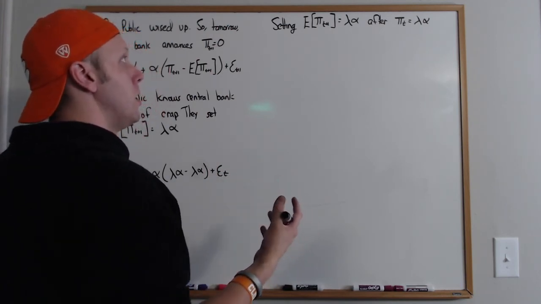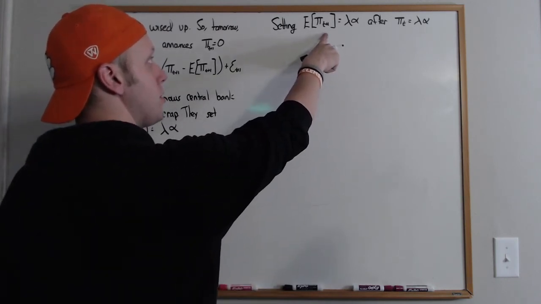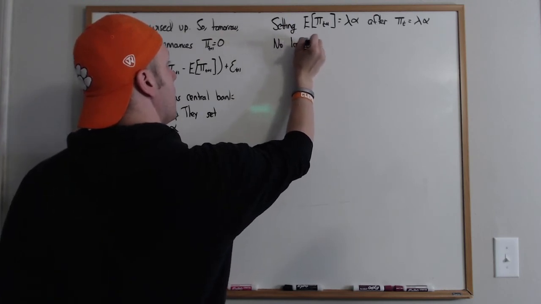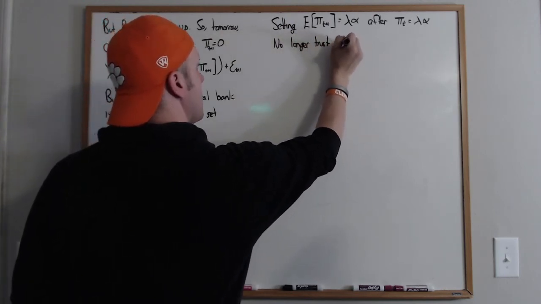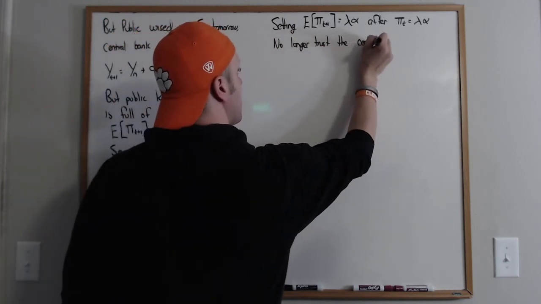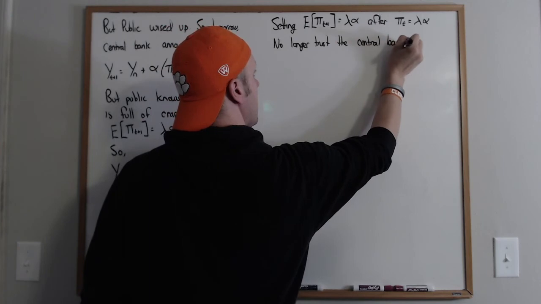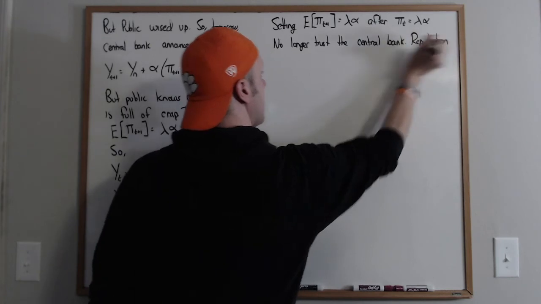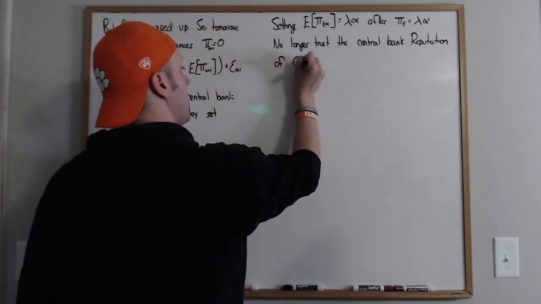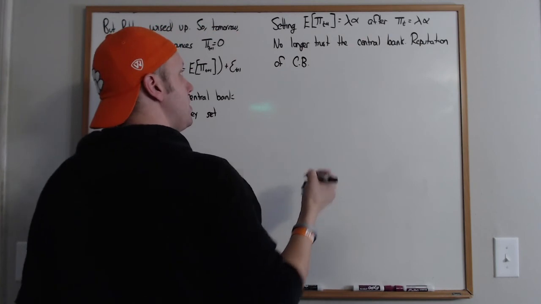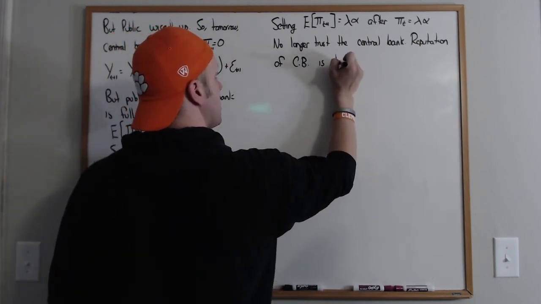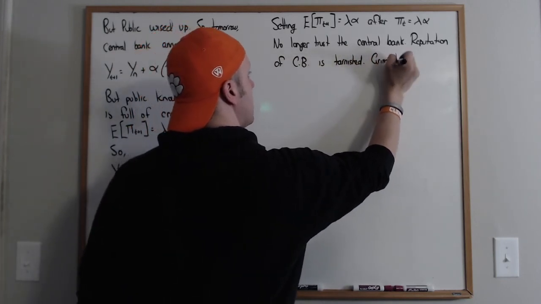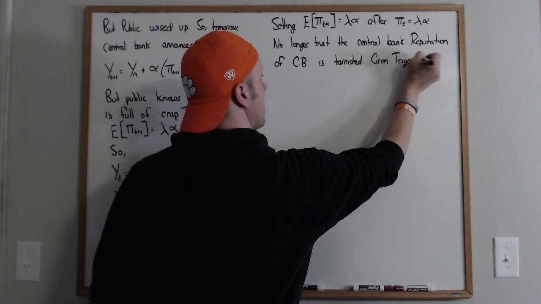They've been fooled. Well, they go, yeah, I don't trust you anymore. They no longer trust the central bank. The reputation of the central bank, I'll just say CB for central bank, is tarnished. This is what's known as a grim trigger strategy.